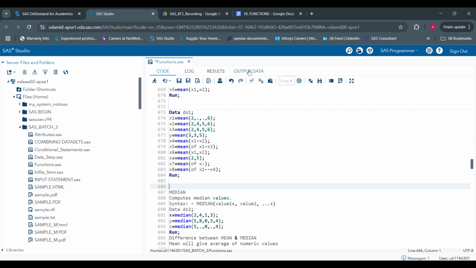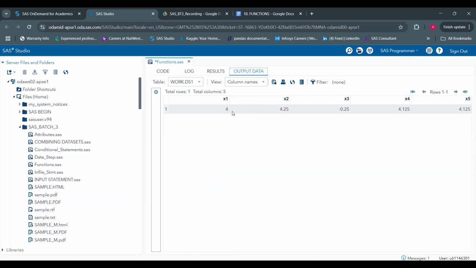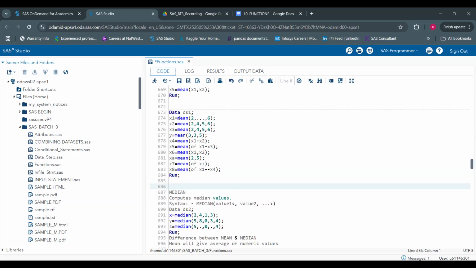Will it give the mean of individual values, like seven different values, or just one value for the seven? No, you tell me, ma'am.